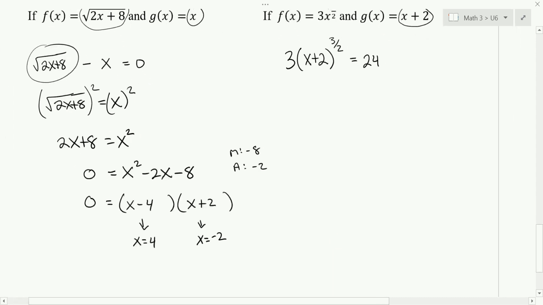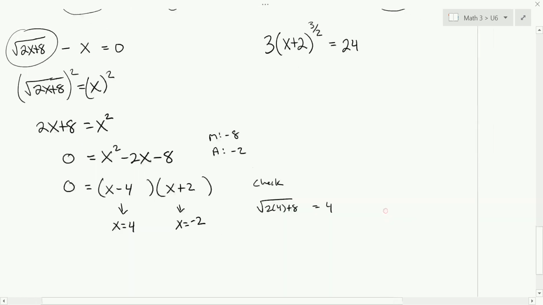When we check those, do they both work out? So if you have square root of 2 times 4 plus 8, is that equal to 4? And we get square root of 16. That's true. So we keep the 4.